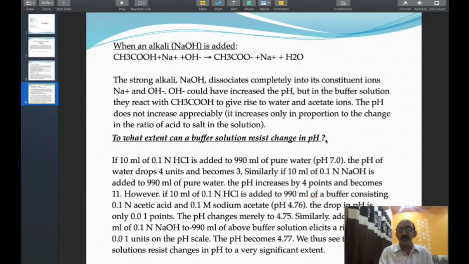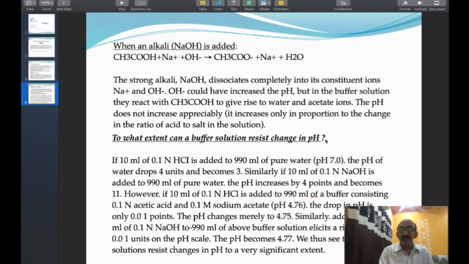Now take the second example. Now add alkali, that is sodium hydroxide solution. Take the same volume, 10 ml of 0.1 normal sodium hydroxide, a strong alkali, and add it to 990 ml of the same sodium acetate and acetic acid buffer solution.